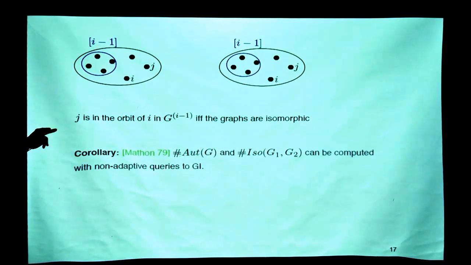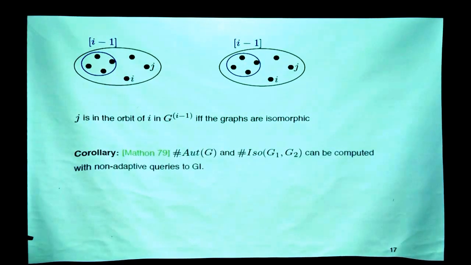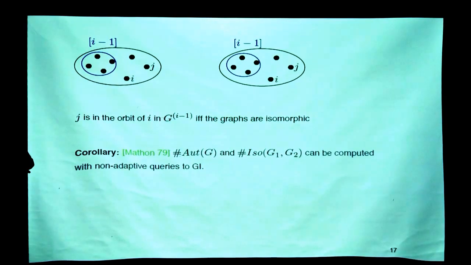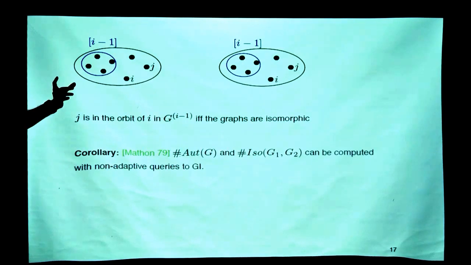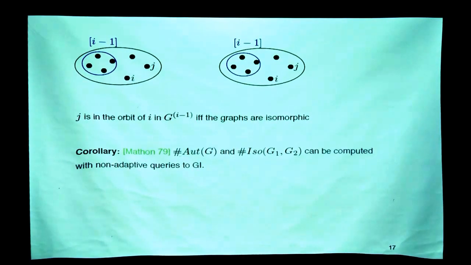And the important thing is that these orbit sizes can be computed non-adaptively. You don't need to know the size of an orbit of a smaller group in order to compute the next one. You can do it all in parallel.